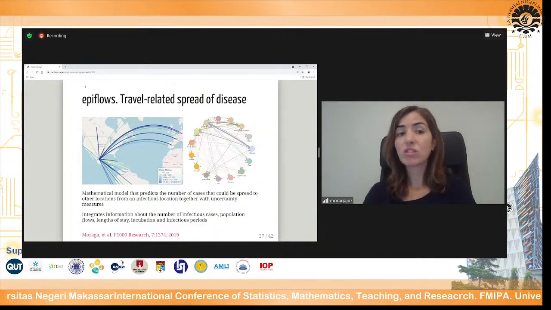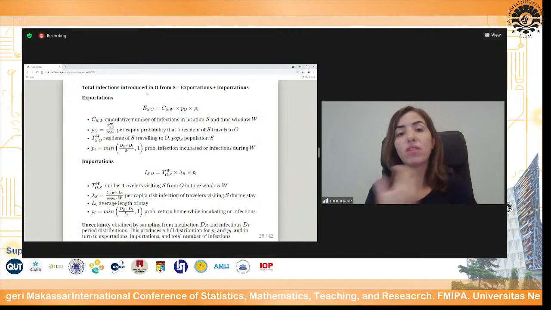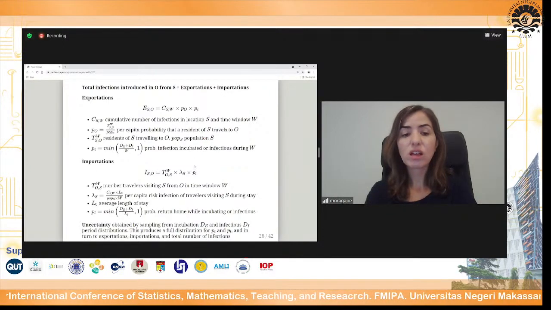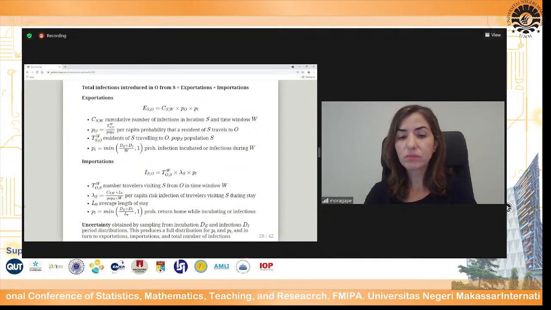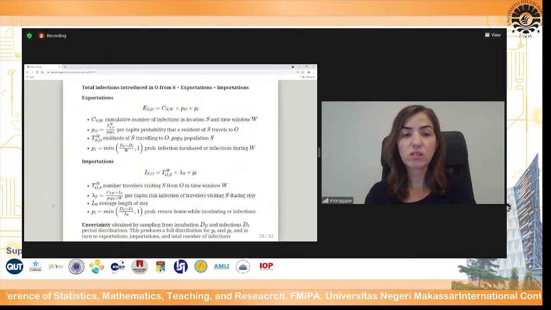So the total number of infections introduced in a location from an infectious location is equal to the exportations plus the importations, and then the uncertainty can be generated by sampling from the incubation and the infectious period distributions.